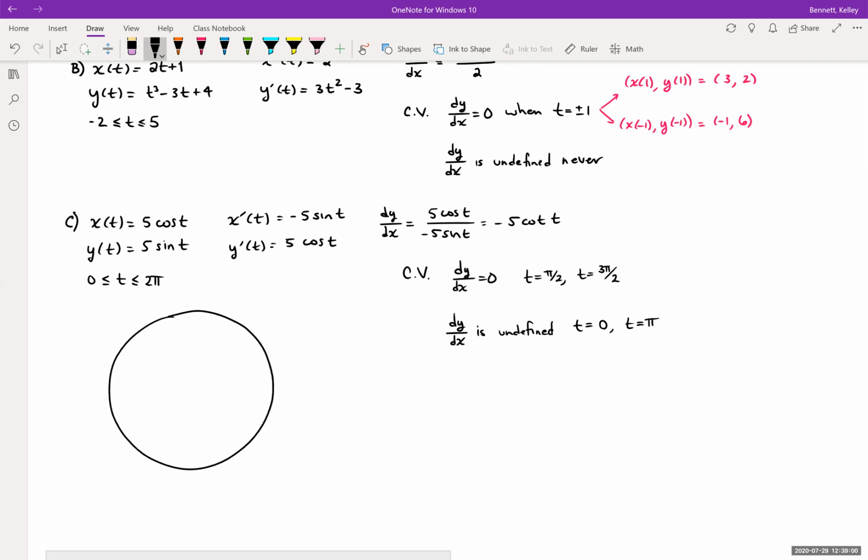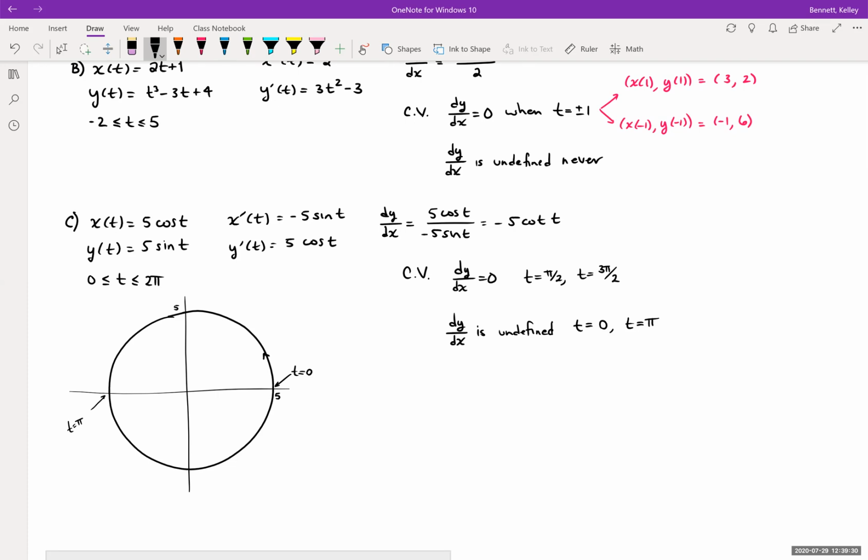Oh, that's not bad. Okay, so now I have this circle, and I'm starting here. This is where t equals 0, so I'll be at the point 5, 0. And then this will be at t equals pi. And so this parametric curve just travels around counterclockwise, full circle.